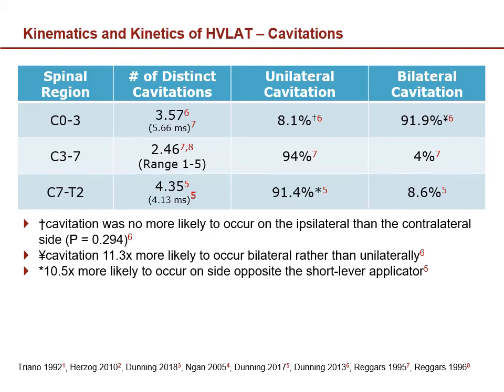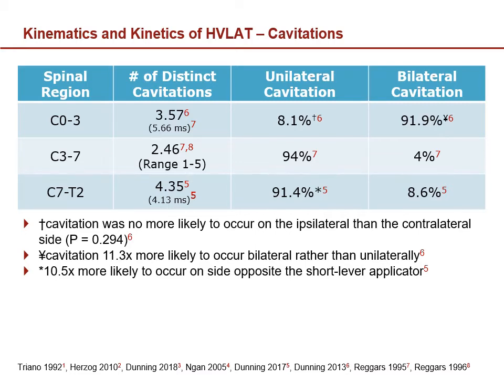The cavitations, as far as being unilateral or bilateral, we can see that consistently, at least for the upper cervical spine, bilateral cavitations are expected in over 90% of thrusts. It's a bit different when we're talking about the mid-cervical and the lower cervical, which potentially are going to be unilateral cavitations.